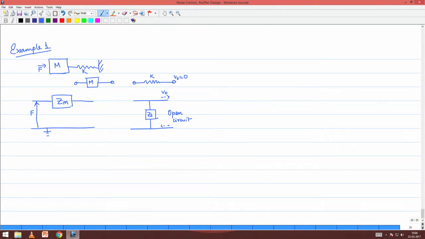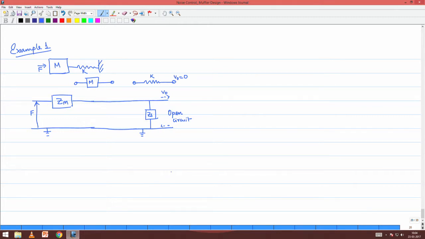Next, we consider that between the output port of the mass and the input port of the spring, the same force has to get transmitted, which means the voltage between these two ends also has to be the same. The other line here was the ground line, so this could also be connected.